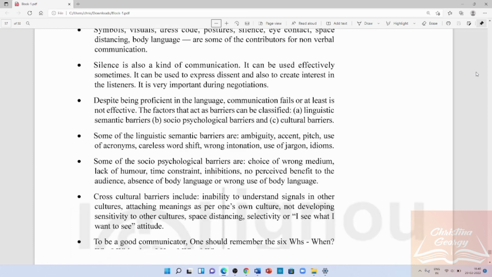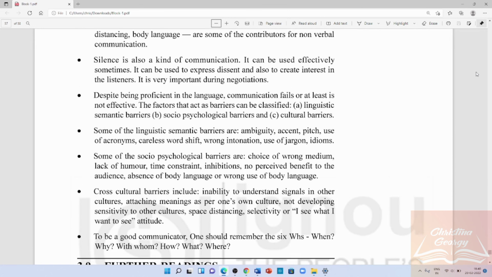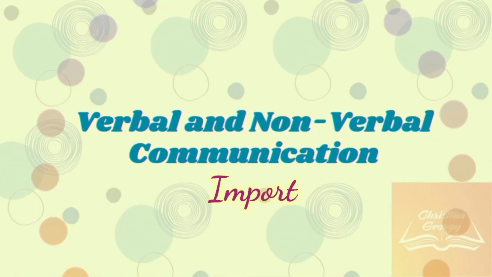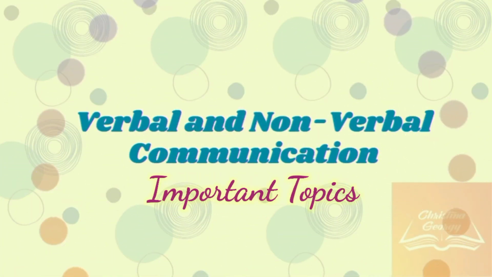There are socio-linguistic and socio-psychological barriers to communication. We also looked at the very many question words. Dear learners, you should have a clear-cut idea regarding the differences between verbal and non-verbal communication.